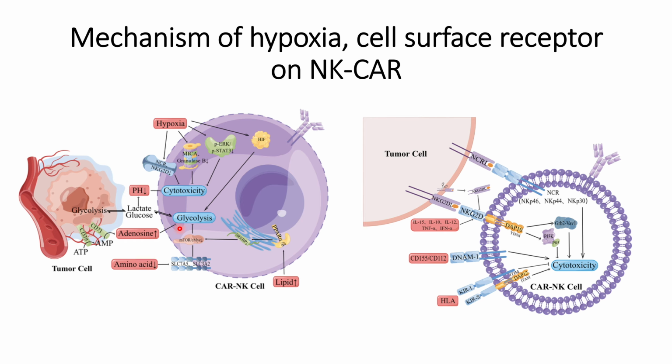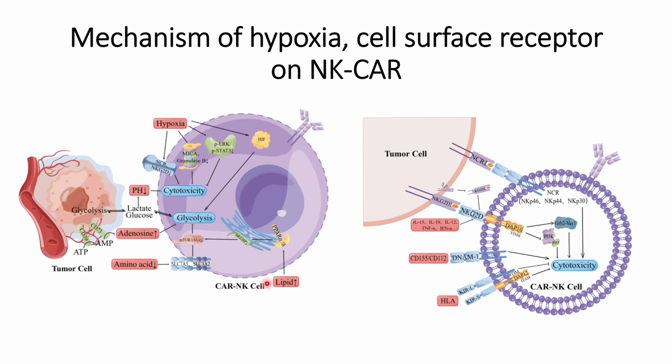Glycolysis is also inhibited by the increase in adenosine, and thereby the amount of energy required by these CAR NK cells will also go down because of the suppression of glycolysis.